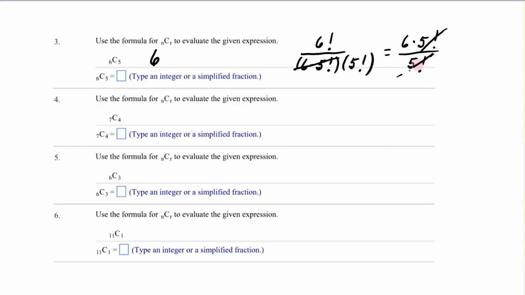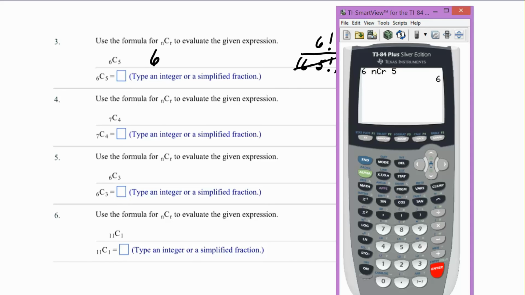Divide out, and that's another way I could have gotten the 6. I'm just going to use the calculator though. All right, number 4. I have 7, math, choose number 3, and I'm taking these items 4 at a time, and it is 35.